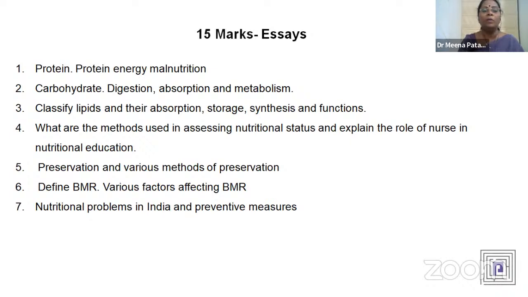Whether it is protein energy malnutrition or carbohydrates, you first write one good para which gives an introduction.